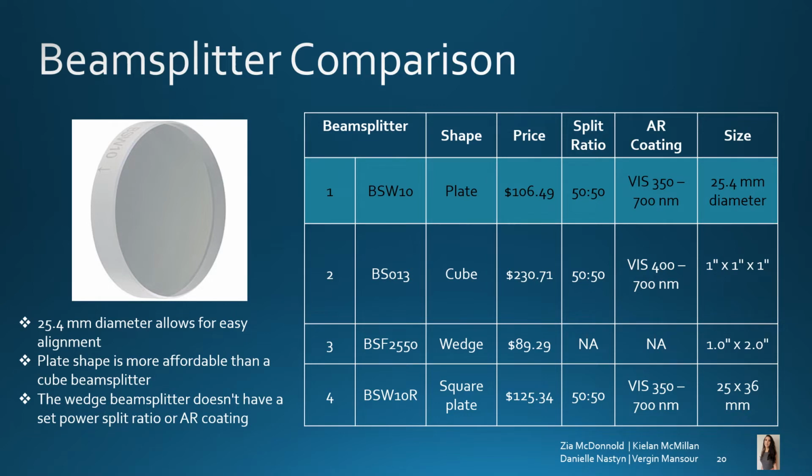Next, we see beam splitter 3, which doesn't really have a given split ratio, doesn't have an anti-reflective coating, and doesn't meet the size specification either. Lastly, we see beam splitter 4, which is a square plate beam splitter and meets the split ratio and anti-reflective coating specifications, but is over the size specification and is more expensive than beam splitter 1. From this comparison, beam splitter 1 was the obvious choice for our project.